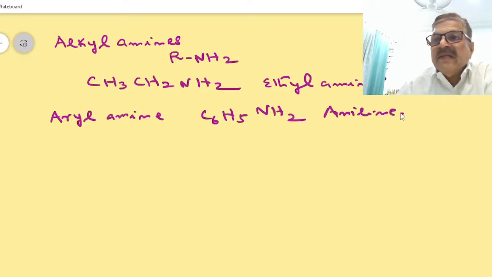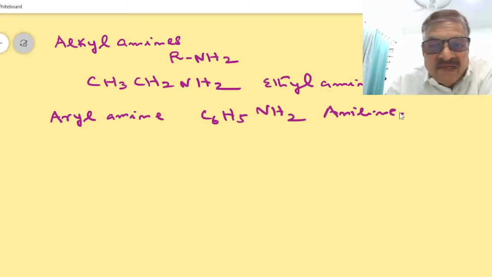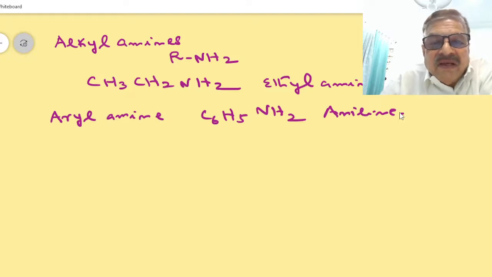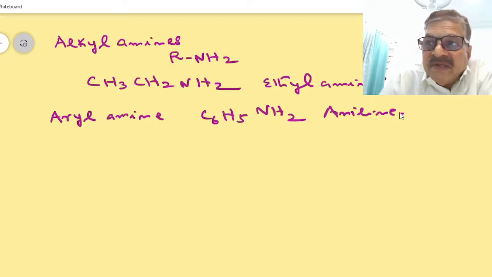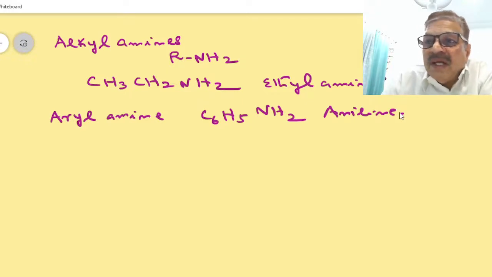Okay, now let us see the relative basicity. Just like the phenol, we have seen the relative acidity here. Now here, see the basicity. Now the basicity, what is the deciding factor? It is the availability of the non-bonded electron pair on the nitrogen atom here. So in the case of organic nitrogen compounds, here the amine compounds, the deciding factor for basicity is the availability of the non-bonded electron pair, that is the lone pair of electrons.